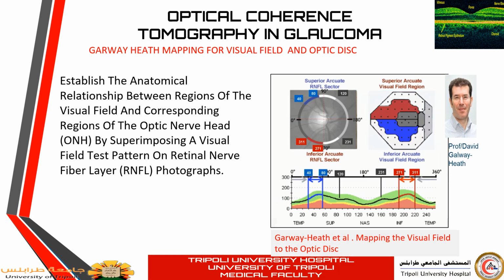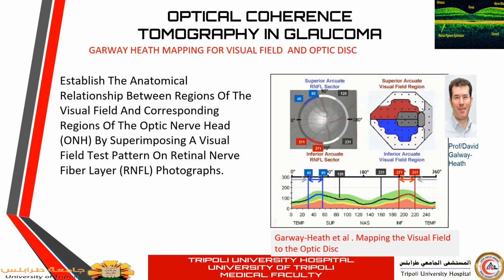So he superimposed the visual field test pattern on the nerve fiber layer photograph. As you can see here, this is the picture of the optic nerve, and on the right side is the corresponding visual field defect affected. Of course, we are speaking about the central area of the visual field that is most commonly affected in glaucoma.